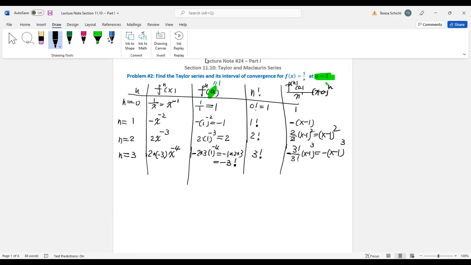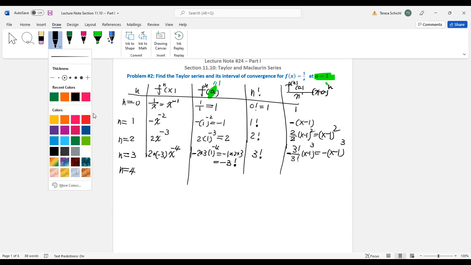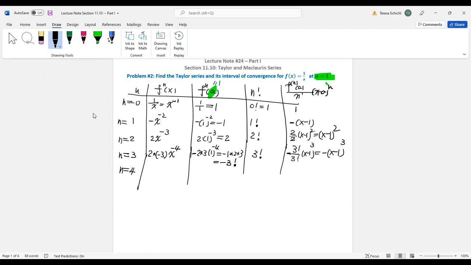So let's take a look at one more, to confirm our suspicions, n equal to 4. When you move the 4 down, this will be negative. So it's 2 times 3 times 4, x to the negative 5.